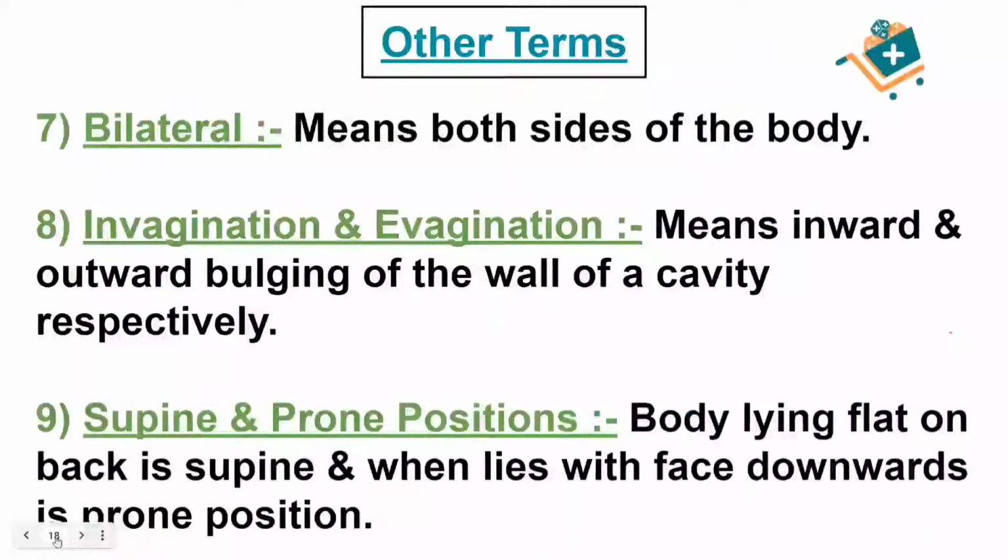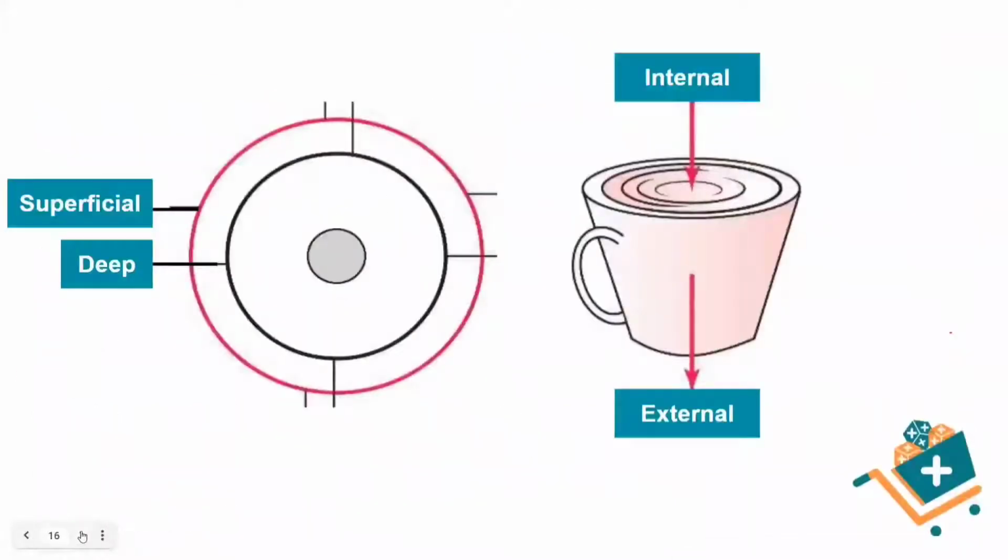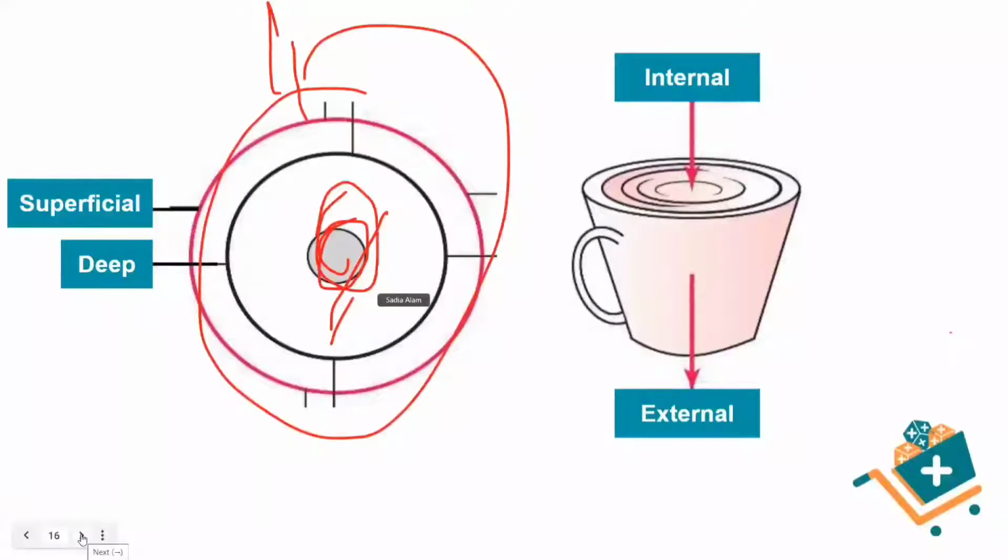Here we have inserted some pictures so that you can understand. Here you see the superficial thing, and anything that is deeper is deep. This center is very deep compared to this, so this will be superficial and this will be deep.